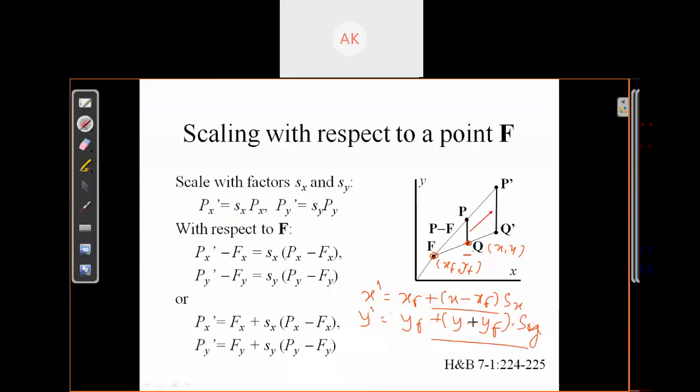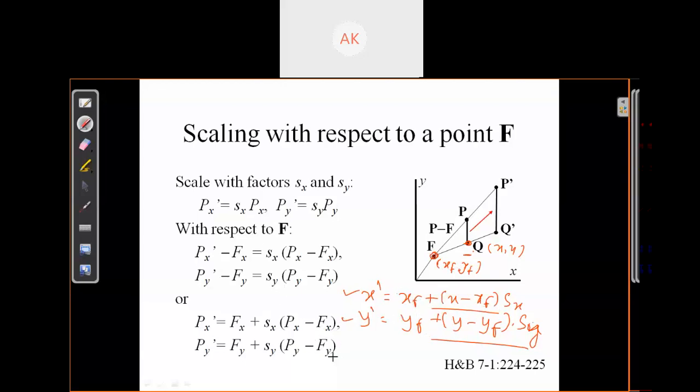When your scaling point is not the origin, this equation you will follow. Here your fixed point is F, and the coordinates of F are xf and yf. So you will just substitute these values in your equation and you get this.